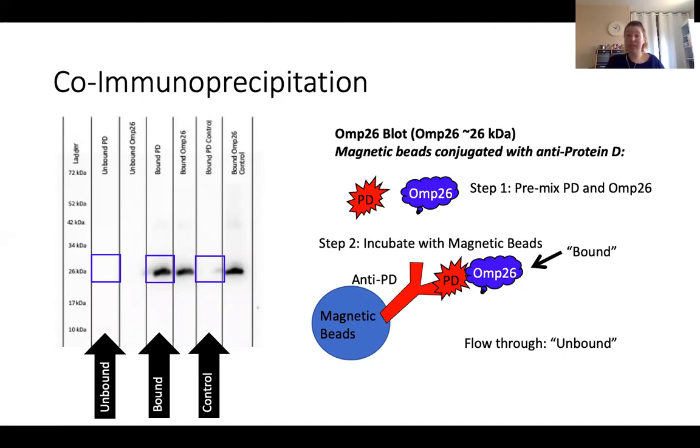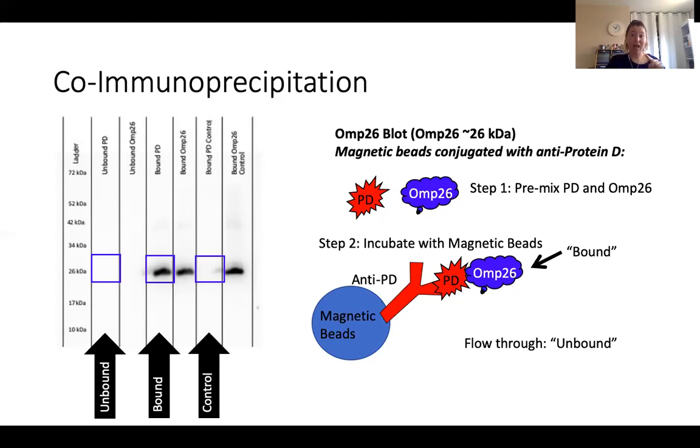There was no protein D or AMP26 found in the unbound. So this blot was detected with anti-AMP26. So we're looking for AMP26 rather than protein D, even though the magnetic beads were conjugated with protein D. So in the bound sample of protein D, we can see that AMP26 is present.